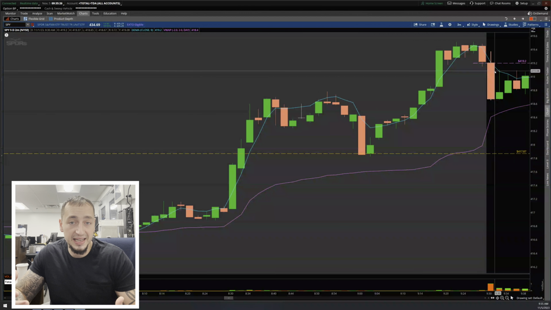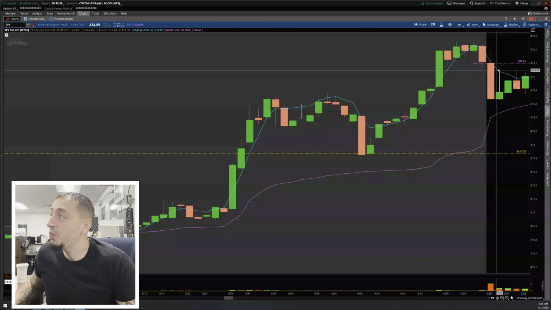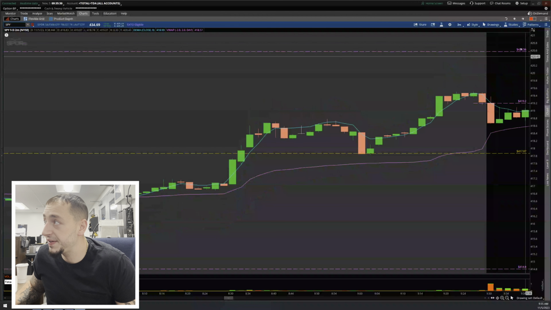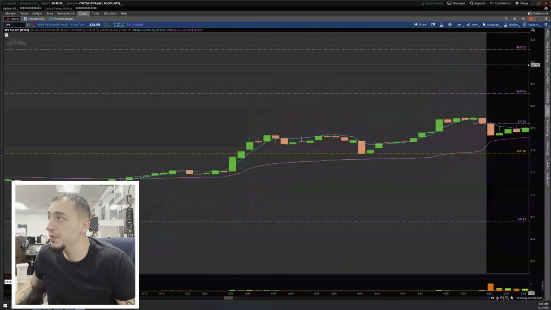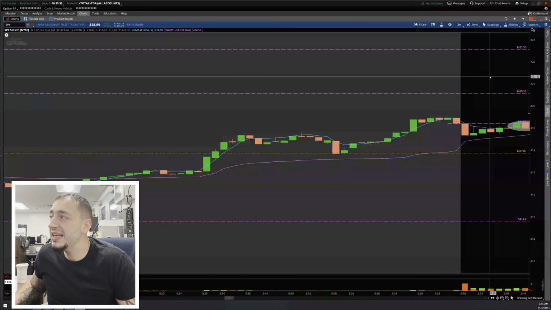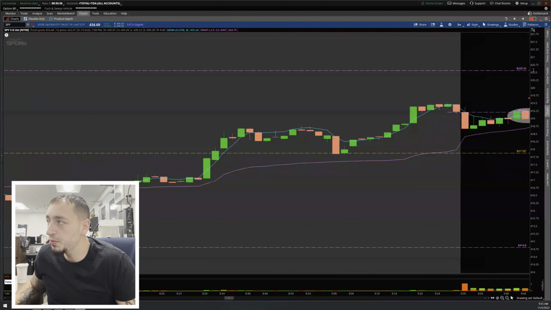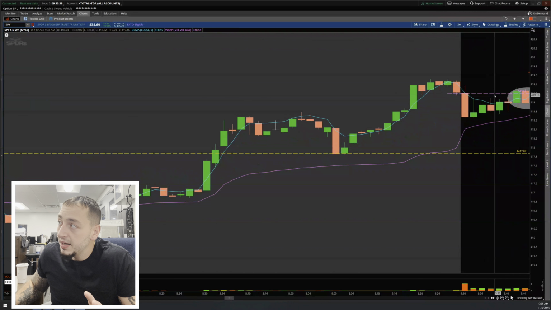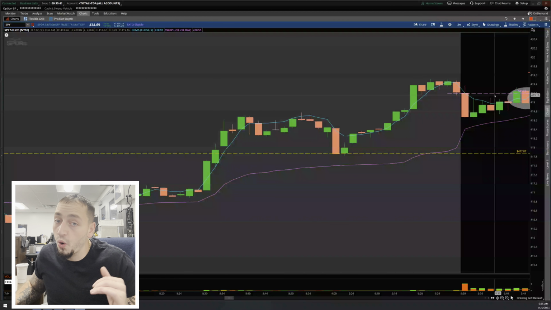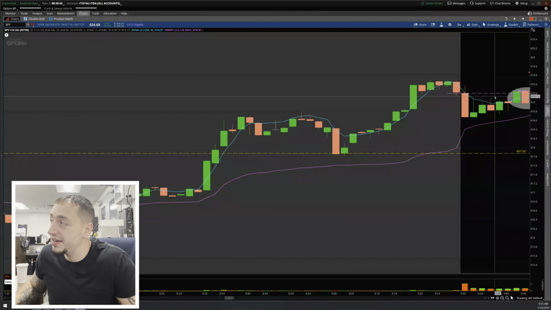What do I need to see to play this long with my upside targets of 420.56 and then 422.55? So basically, in a nutshell, I'm super bearish at this point, but I'm not going short because we're above 417.87.